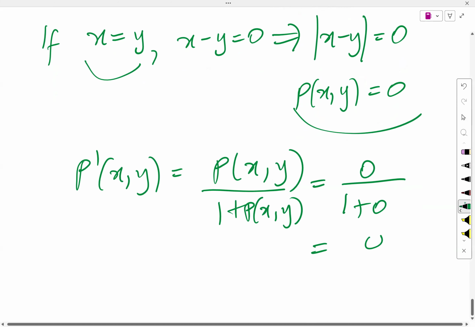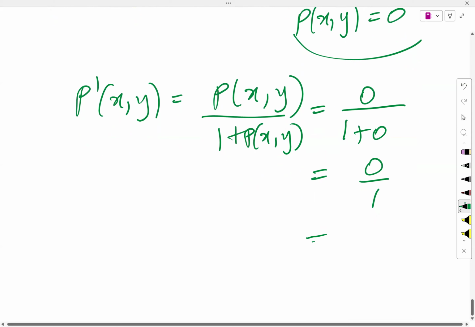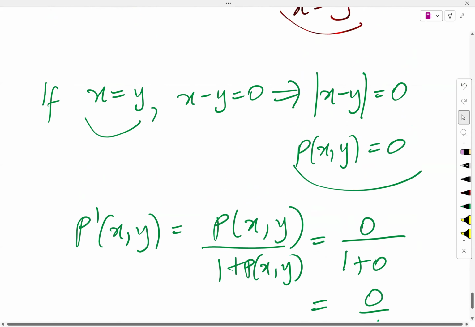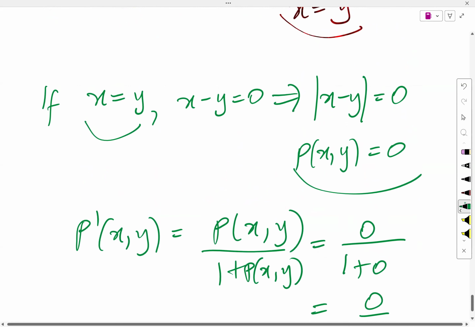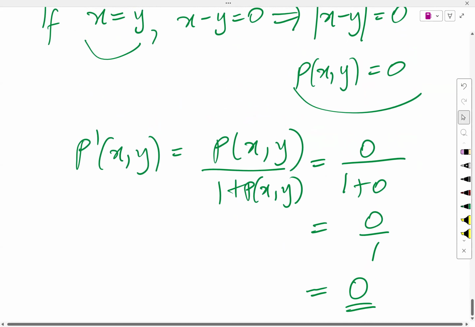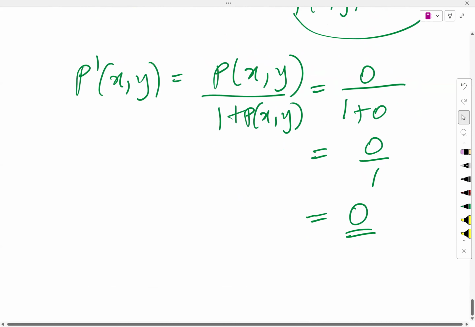You get the gist? So this is 0 over 1. And P prime of x comma y is 0 again, because x equals y implies that P of x comma y is 0. So if you put all that into this expression, we end up getting 0.